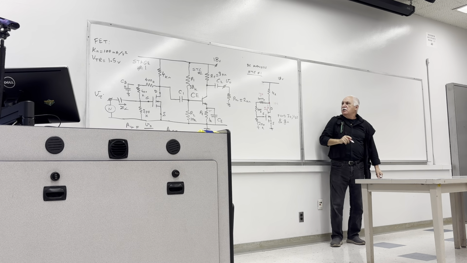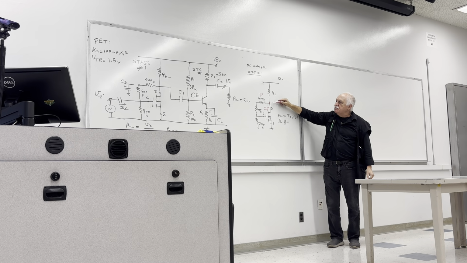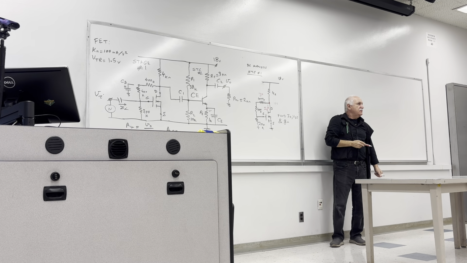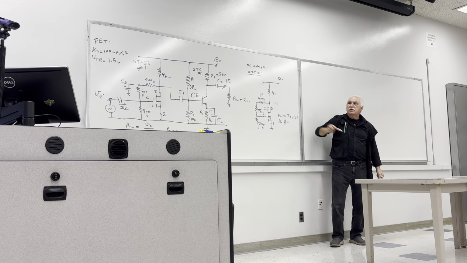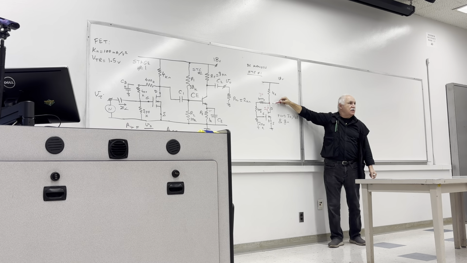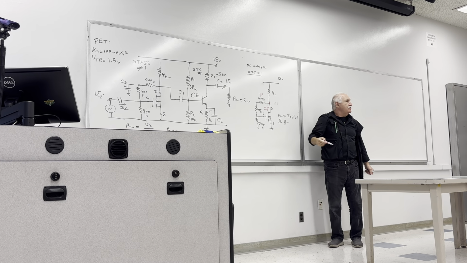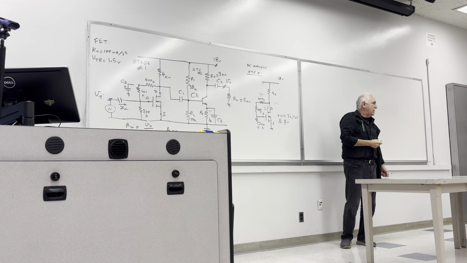Agreed? Okay, what will be the current in that resistor, with that 10 volt? 18 volt, 10 volt, there's 8 volt dropping on that. 8 divided by 4, 2 milliamp. 2 milliamp is 2000 microamp, right?